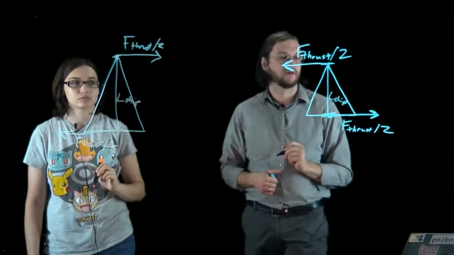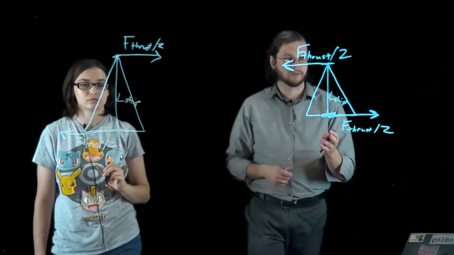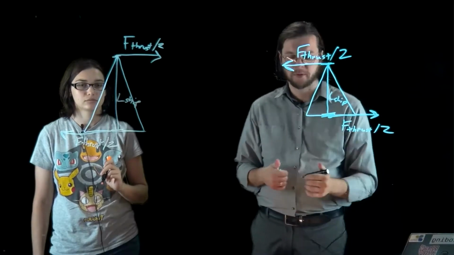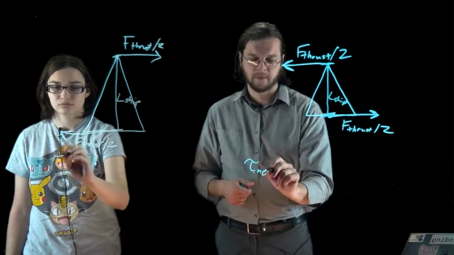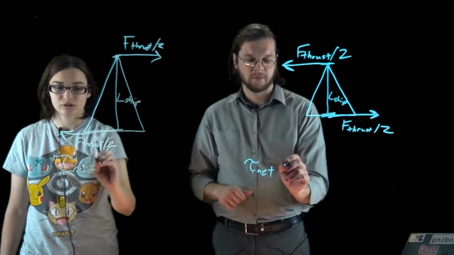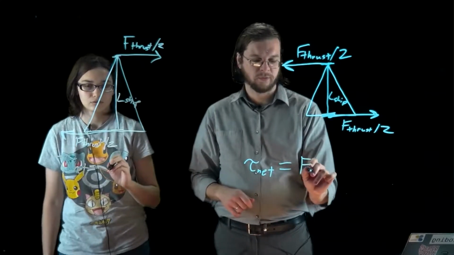Okay. So we got to think about how much torque this is, right? Because the torque is the force times the lever arm, and that's what we have to put in the program. So the net torque is going to be slightly different in the two different cases because the thrust is in different directions, right? So the net torque is always the force times the lever arm.